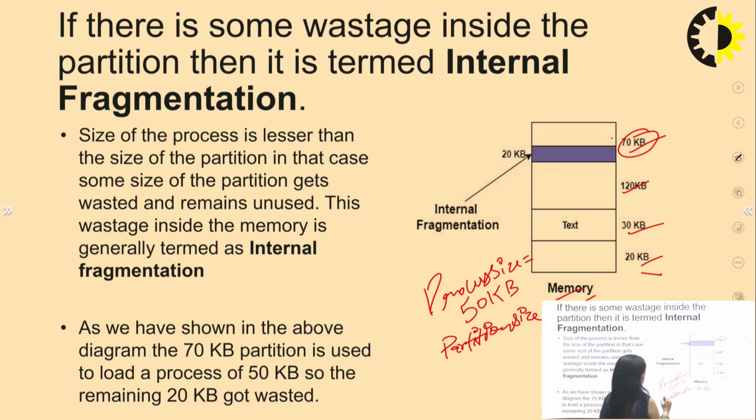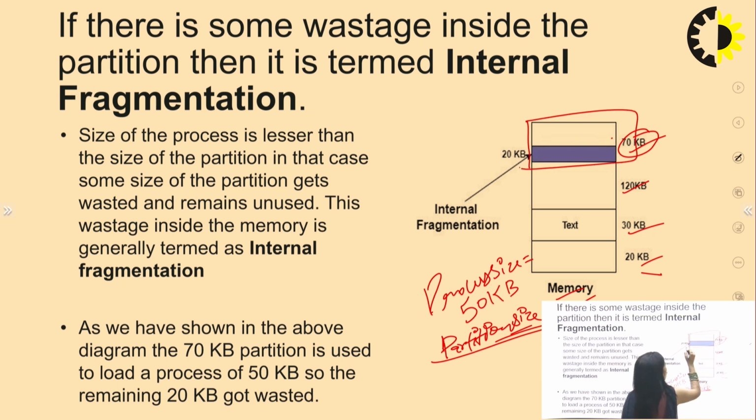So we put that into block 1, this block. We have a process size of only 50 KB, so 50 KB comes under that process, and this 20 KB is wastage. So this is called internal fragmentation.